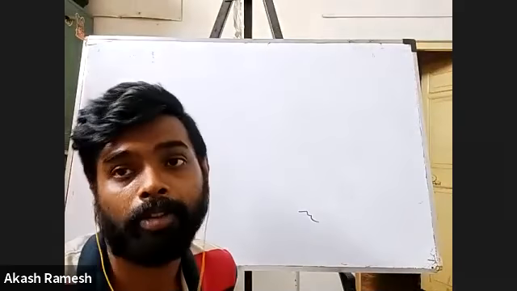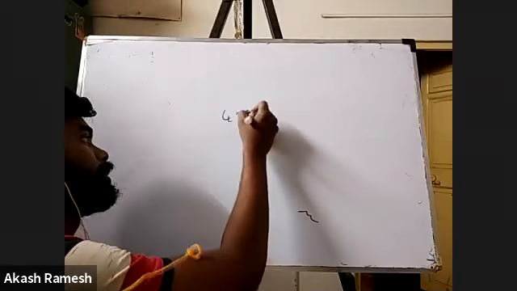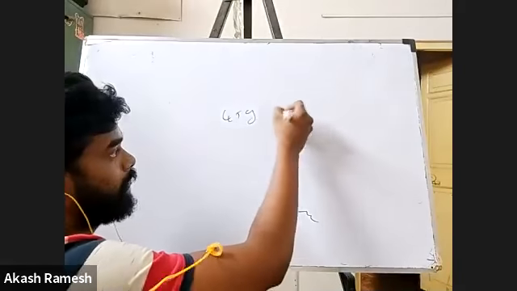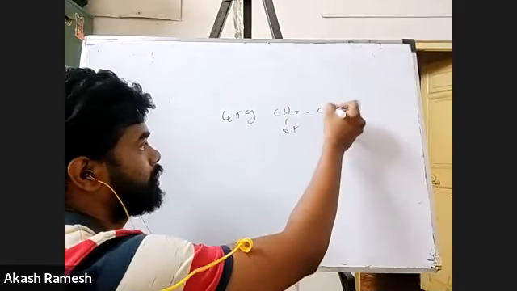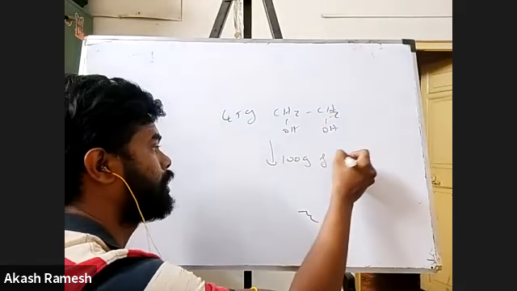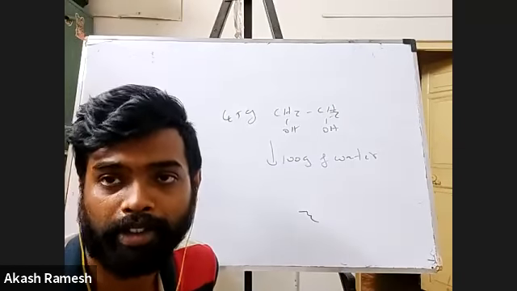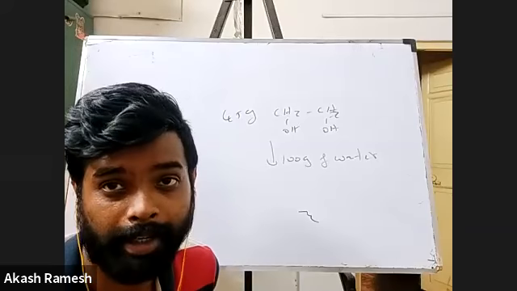So yeah, they're telling that I have 45 grams of ethylene glycol. Ethylene glycol is CH2OH, and CH2OH is dissolved in 100 grams of water. Right, that's what they're giving, and they're asking what is the depression in freezing point. They're asking what is delta TF.